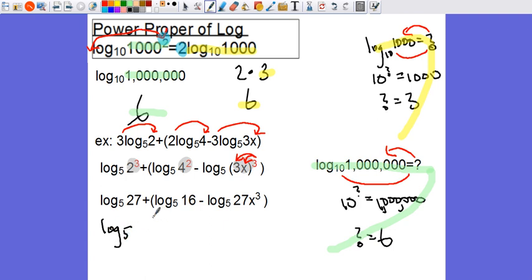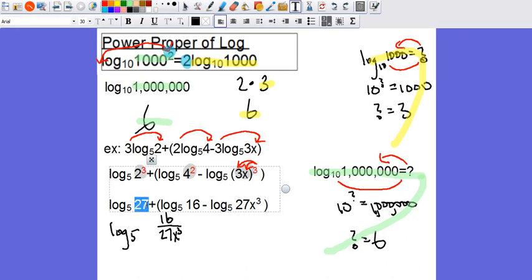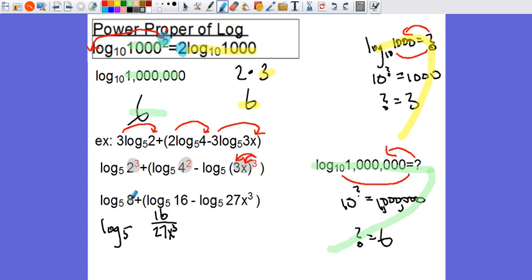16 over 27x cubed. That's what the parentheses becomes. Folks, I totally made a typo here. This should have been 8. Let me throw these gray highlights here.